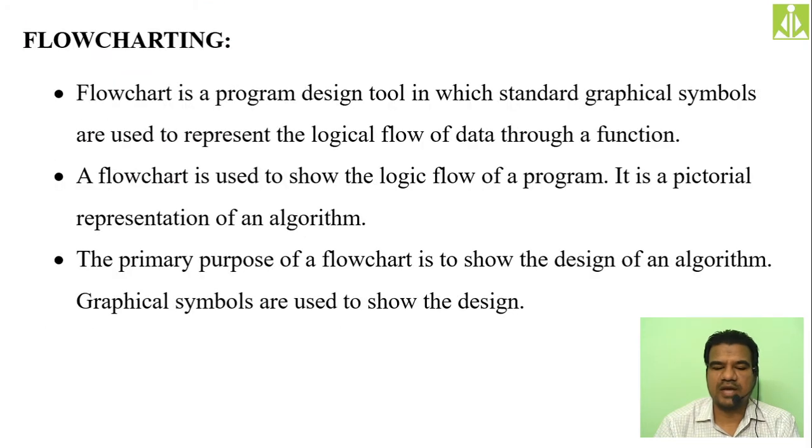We said a flowchart is nothing but the diagrammatic representation of the algorithm. It is the design of an algorithm, or a picture of the algorithm. Whatever steps we have taken inside the algorithm, if you show those steps with suitable standardized graphical symbols, we call that diagram a flow chart.